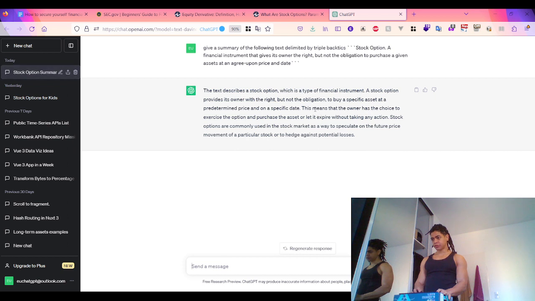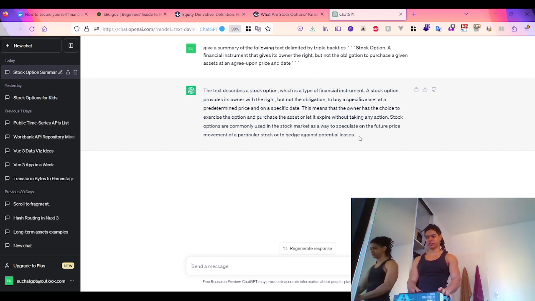Okay. So this means that the owner has the choice to exercise the options and purchase the assets or let it expire without taking any action. Stock options are commonly used in the stock market as a way to speculate on future price movement of a particular stock or to hedge against potential losses.